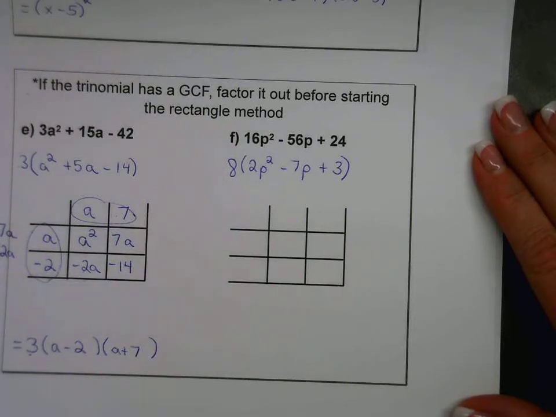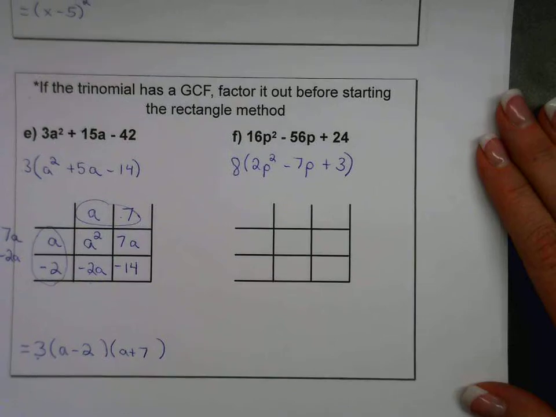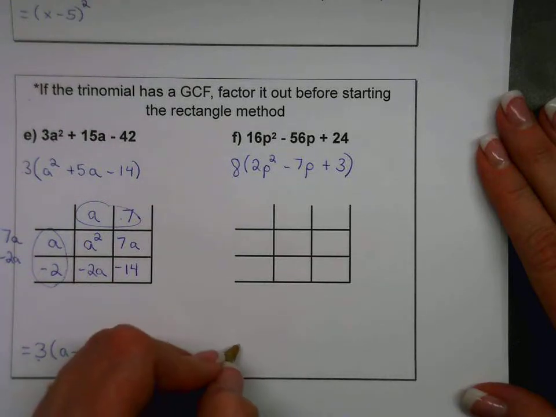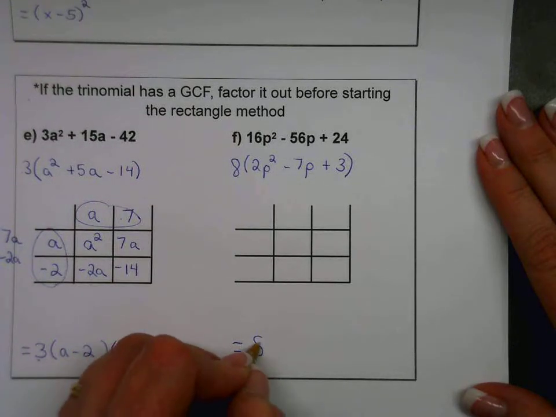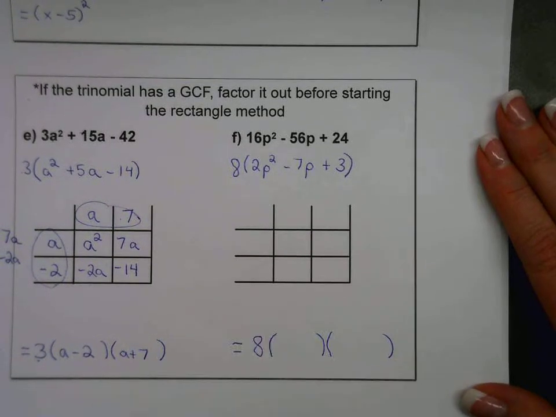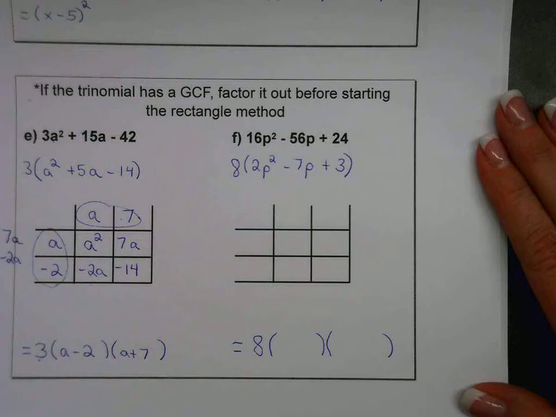Now, I want you to take a couple of minutes, attempt to finish off the factoring by substituting into the rectangular model, remembering that your answer at the end will still have the 8 and will have 2 sets of brackets.